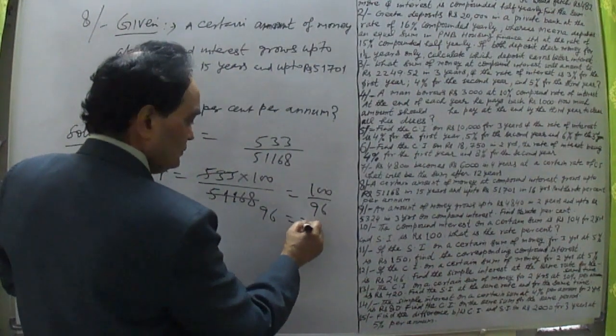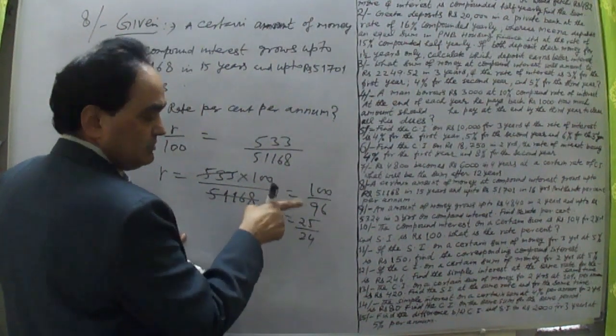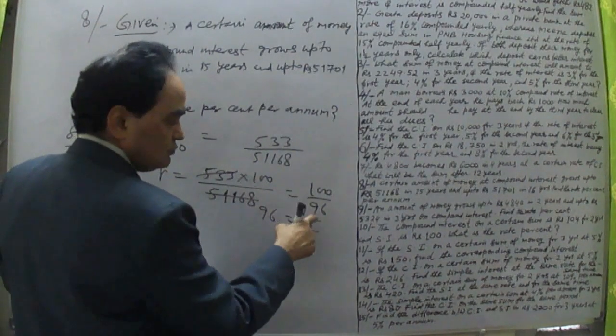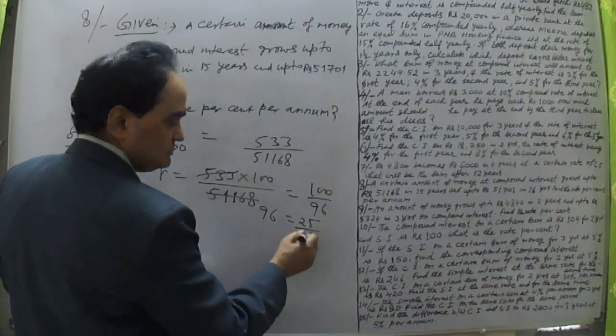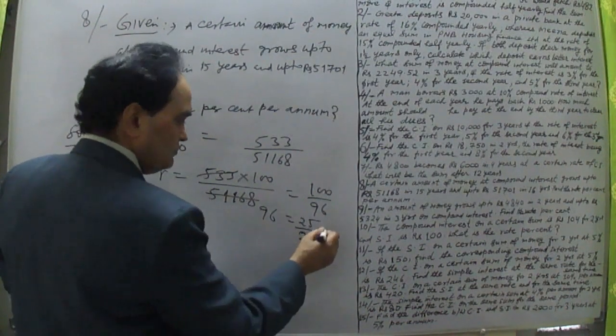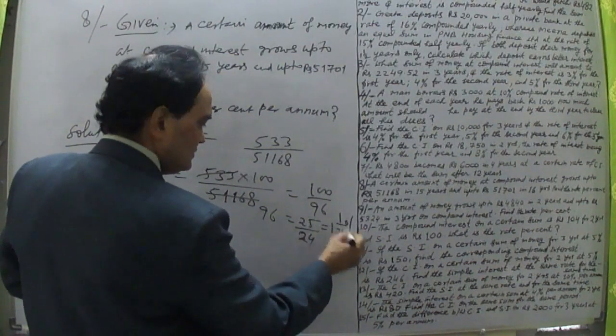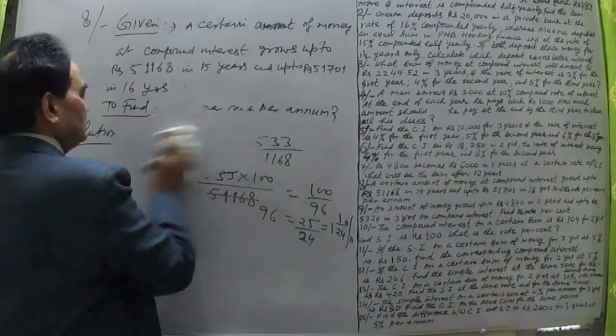So this is equal to 25 upon 24, because if I divide it by 4, 4 8s are 32, 4 6s are 24 in the denominator, and in the numerator we have 25. So what is the rate here? 1 and 1 upon 24 percent.